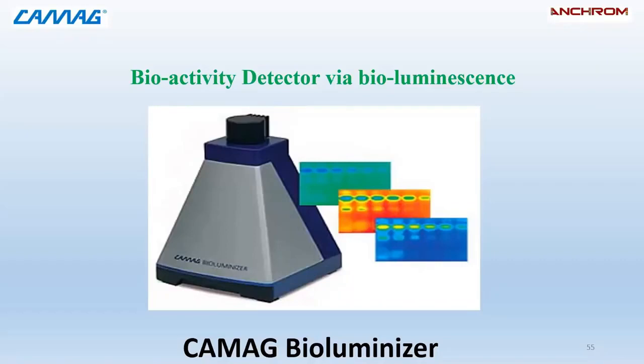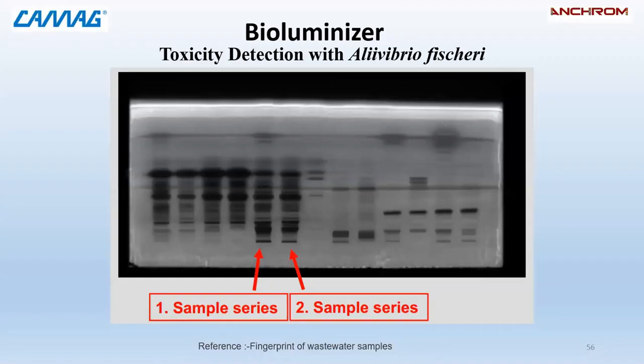When there is a very healthy colony of bacteria, they emit fluorescence, that means bioluminescence. They are extremely sensitive to even a very minute level of toxicity, and they show a dark, blackish band. So here you can see these blackish bands showing the toxicity in the samples.